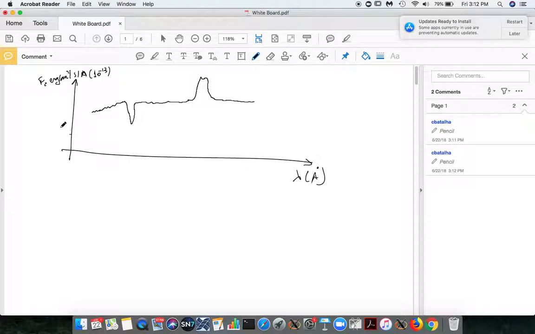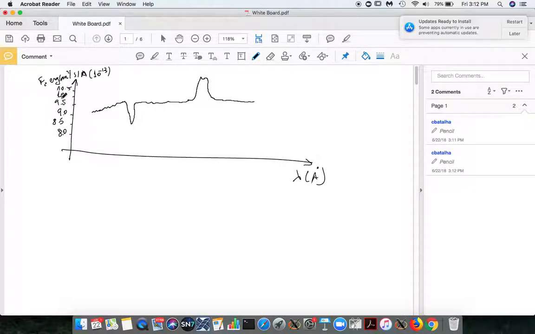So then we have something like 8.5, 9, 9.5. I'm just inventing data here. 10, 10.5, and so on.